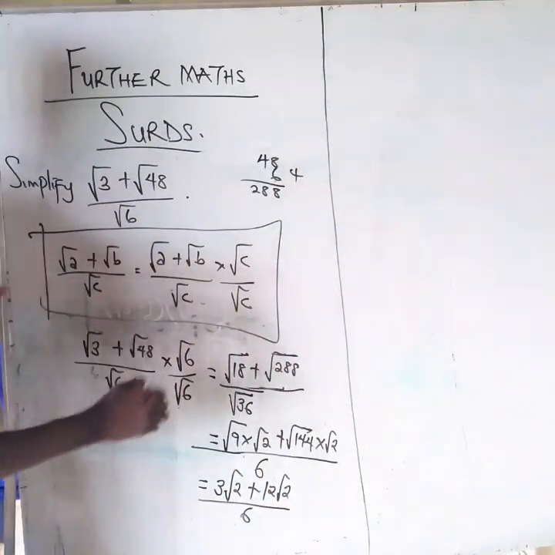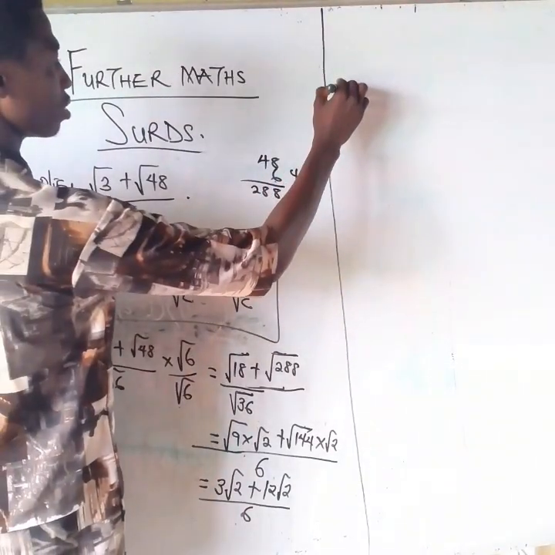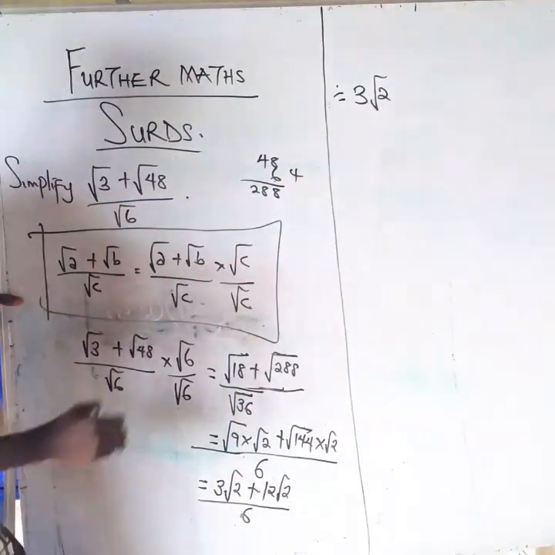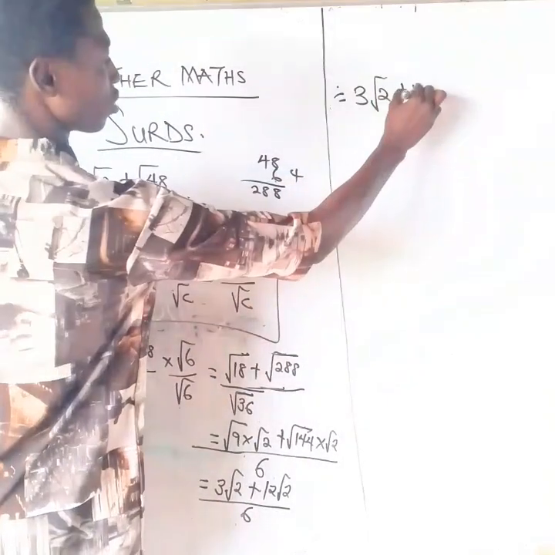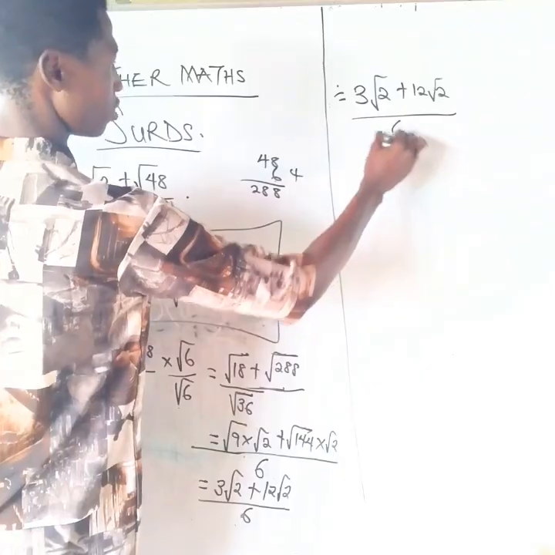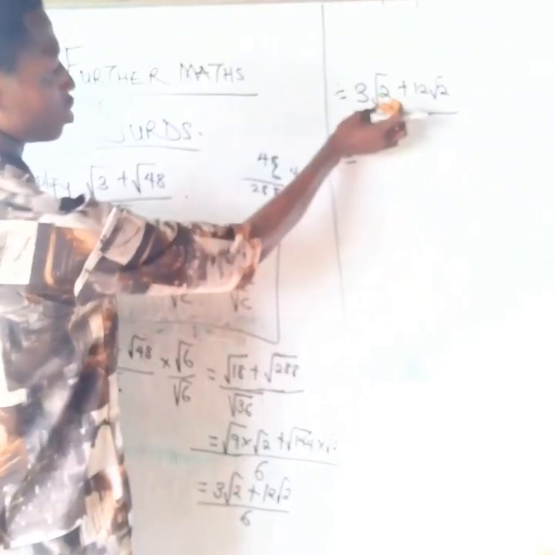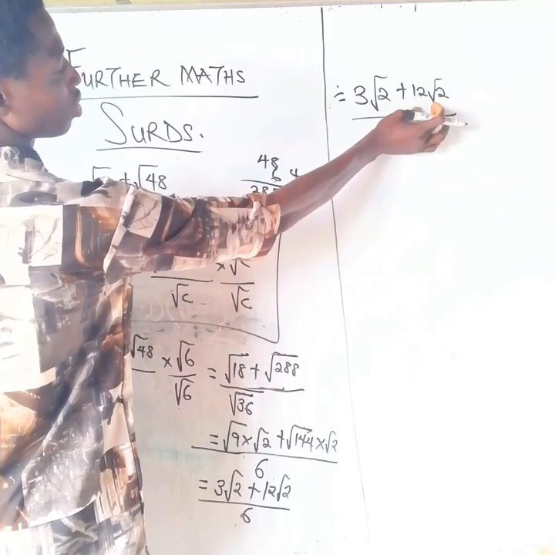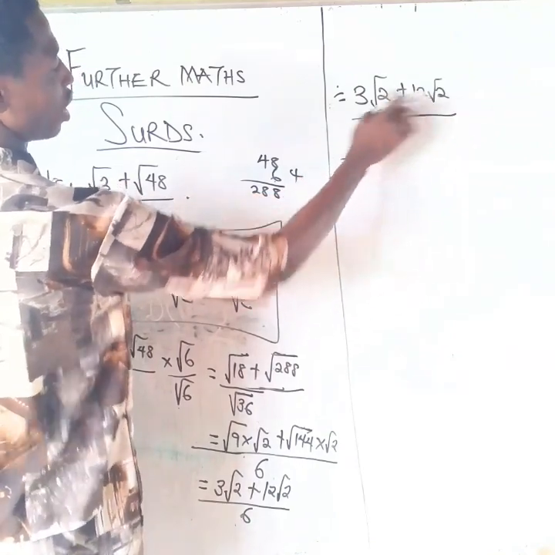Now let me bring that up here. You have equal to 3 root 2 plus 12 root 2 all divided by 6. Now they are the same because they have the same roots attached to each other.